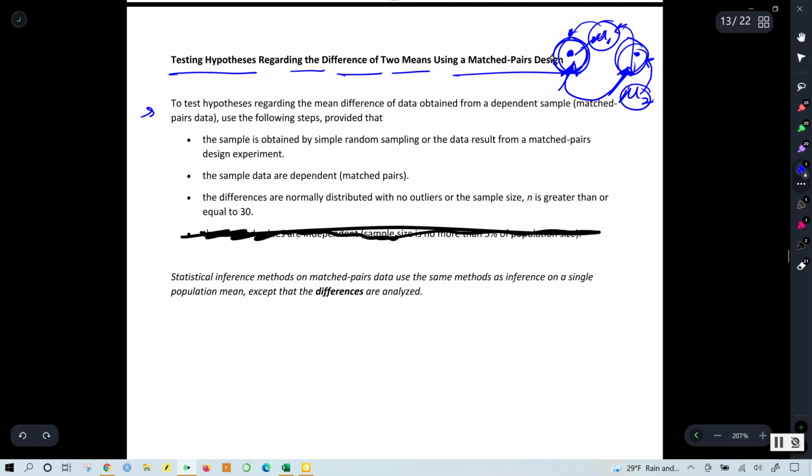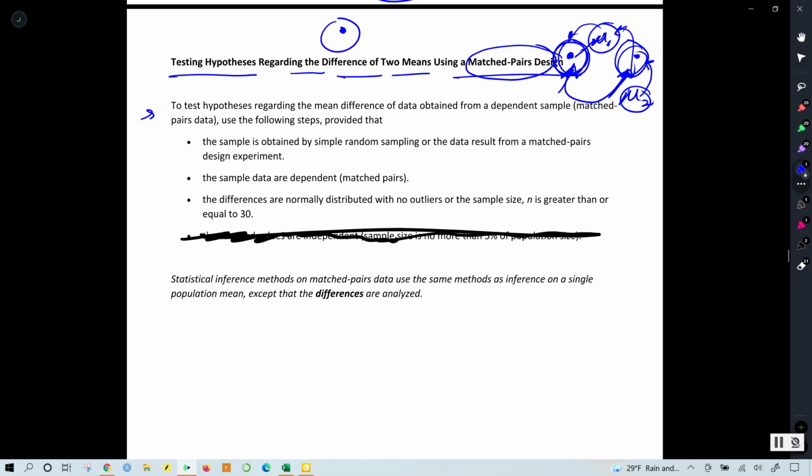So take note, you're going to need a matched pairs design here because for the first population, if you pick a brother, since your goal is to compare brothers to sisters, you will need to pick a respective sister to match that brother. So this is a case of dependent sampling, and that will lead to matched pairs design for this analysis.